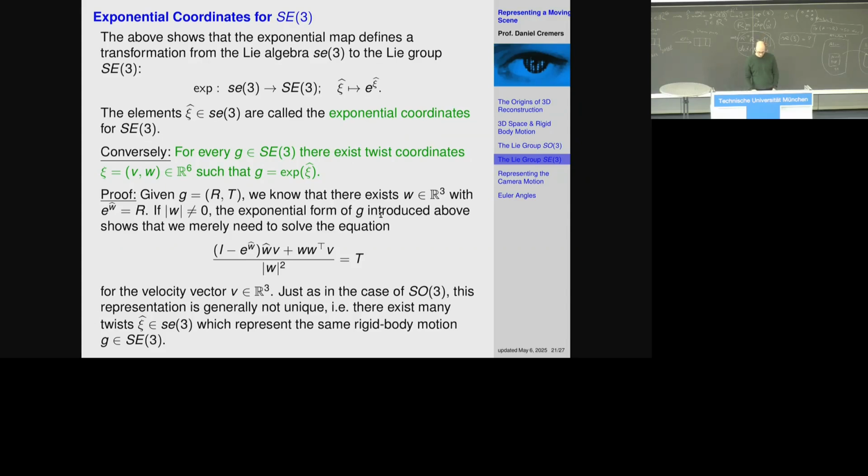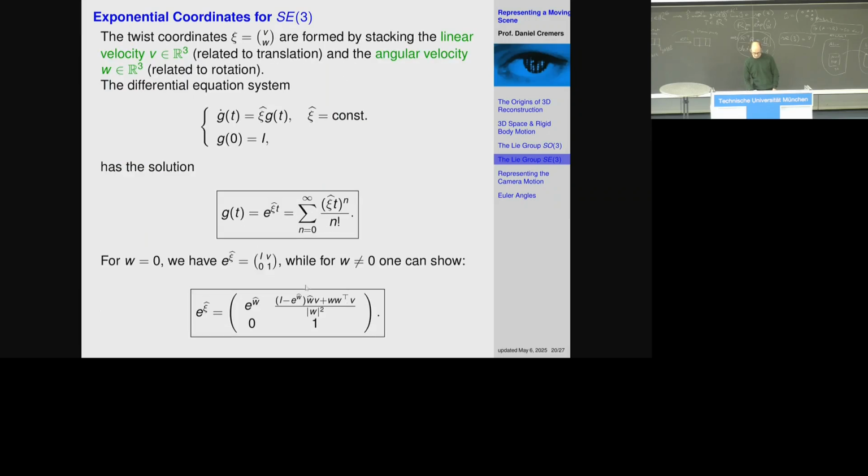How do you prove this second statement? Well, we know that there exists a w with e to the w hat equal to R. We've already seen that before. And then you merely need to show that once you have w that defines the rotation that you want, can we find a v such that this whole expression here on the top left, in this closed form solution, makes the translation vector?